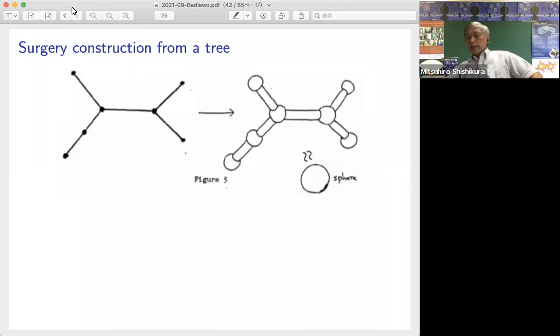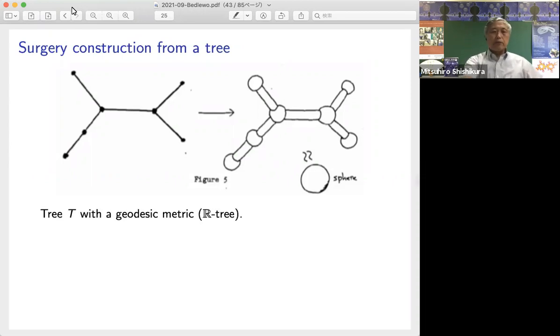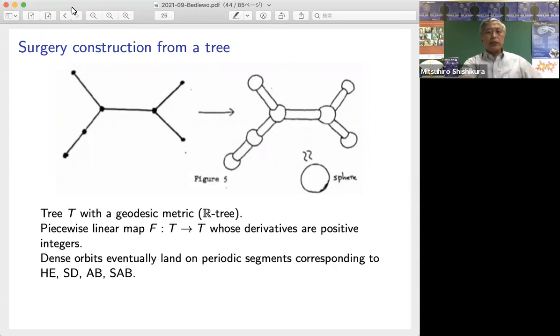And as I mentioned, it's possible to go the backward construction under certain conditions: you are given a tree with a piecewise linear map with some conditions, then you can go back to the rational map. To go back to the rational map, you need first the tree, like I mentioned, and you need a piecewise linear map with derivatives which are positive integers.